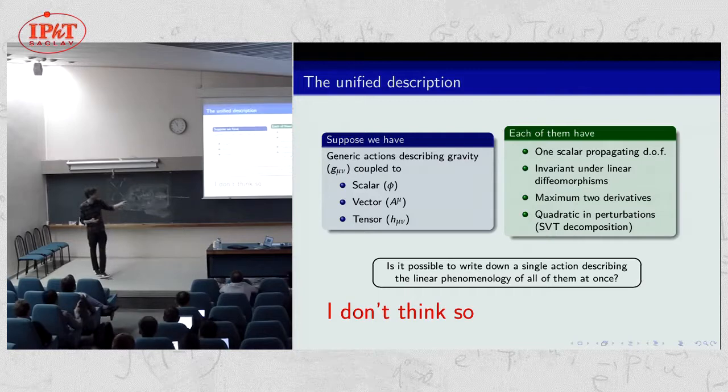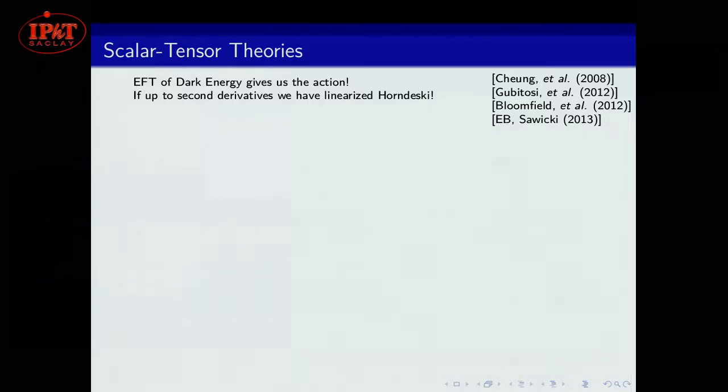So first, let me review something that should already be known, which is scalar-tensor theories. It's well known. What's the answer for having an action linearized with these properties? Basically, the effective field theory of dark energy gives us the action. We already have it; it's in the literature.